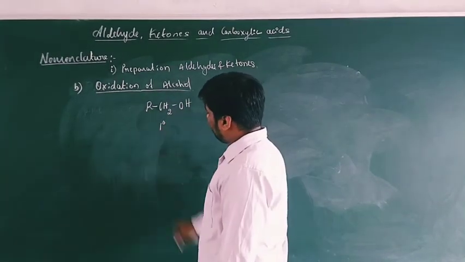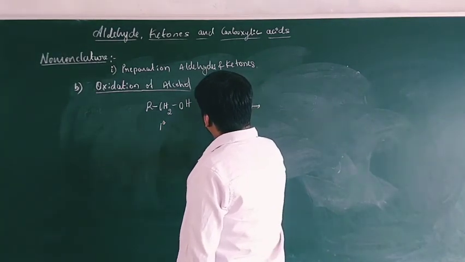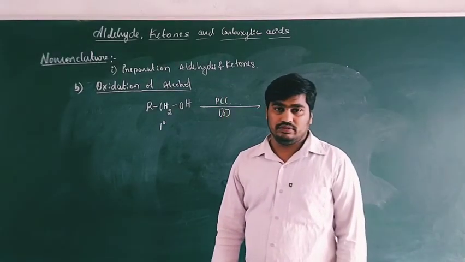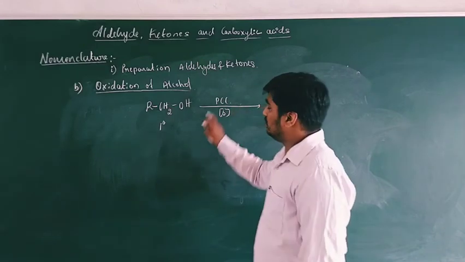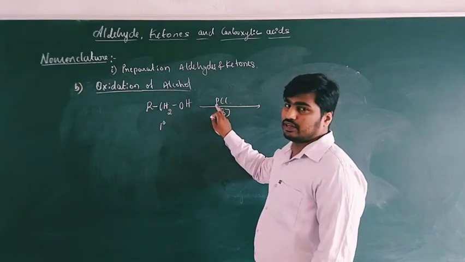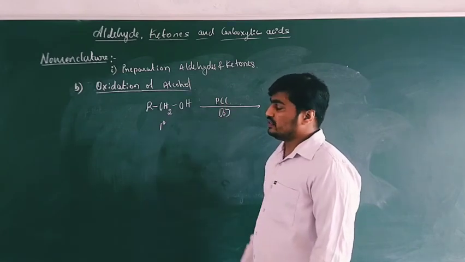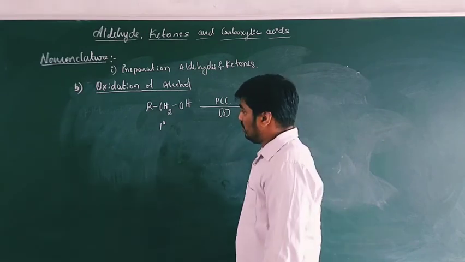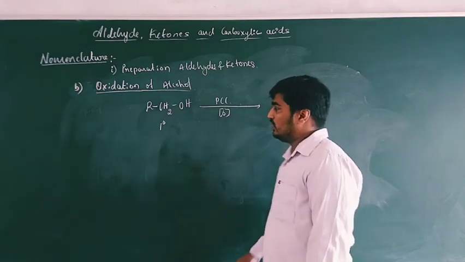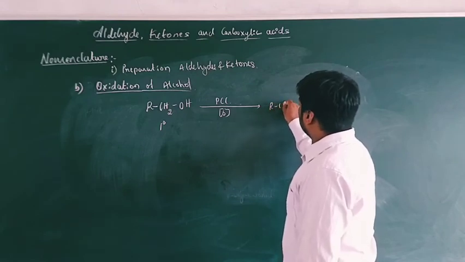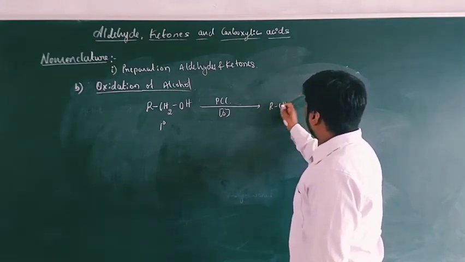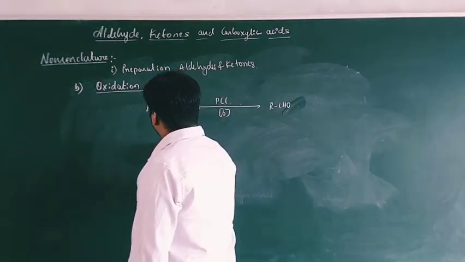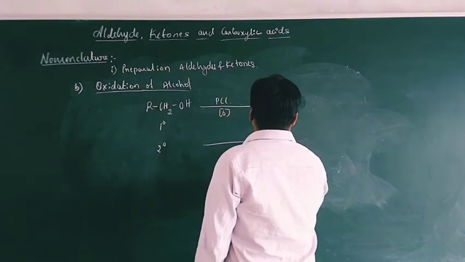When any primary alcohol is subjected to oxidation with the help of pyridinium chlorochromate, PCC, P stands for pyridinium. When pyridinium chlorochromate is used as an oxidizing agent for the primary alcohol, then that produces the corresponding aldehyde, and if we use the secondary, then it gives the ketones.